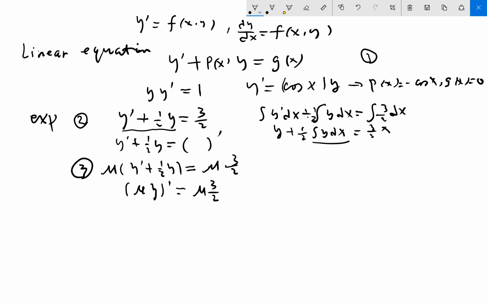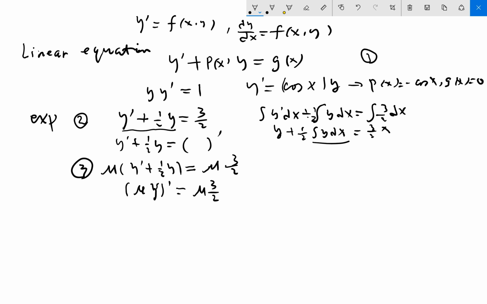Let me say that again. We multiply our original equation by a function mu, which is called an integrating factor. Then we get a new equation. We hope to choose mu such that the left-hand side of equation 3 can be written as mu times y, the whole thing prime. Then we can integrate on both sides.